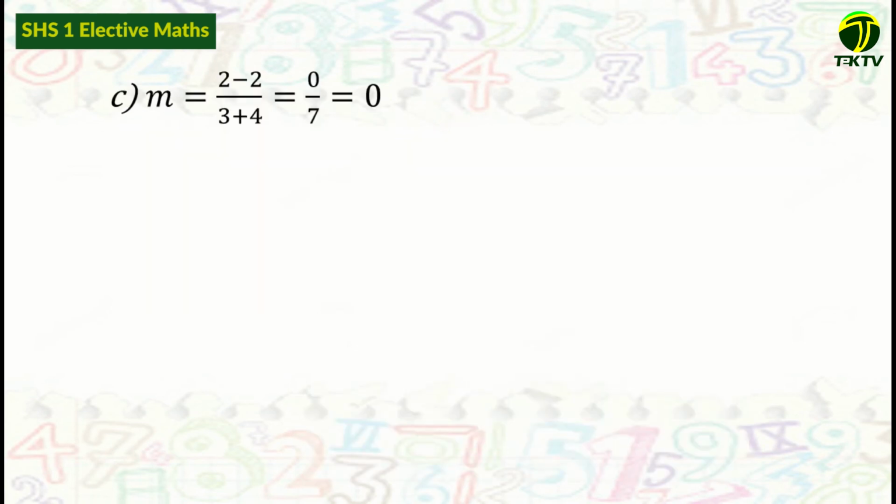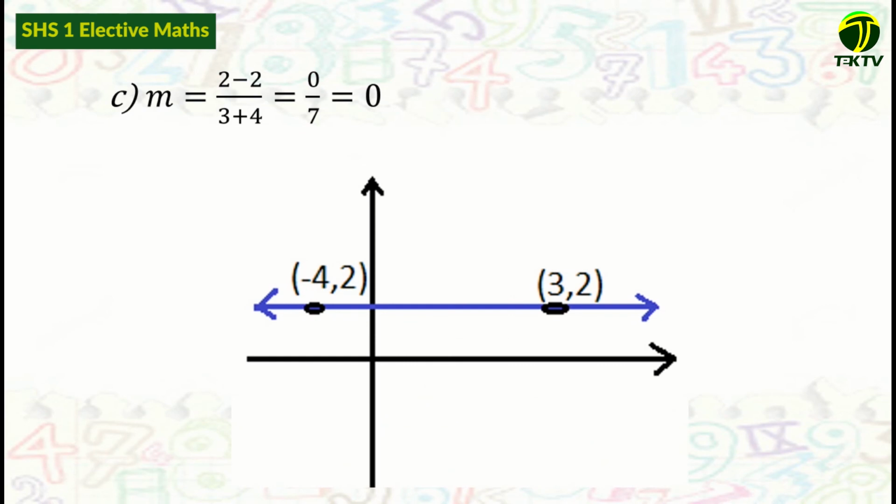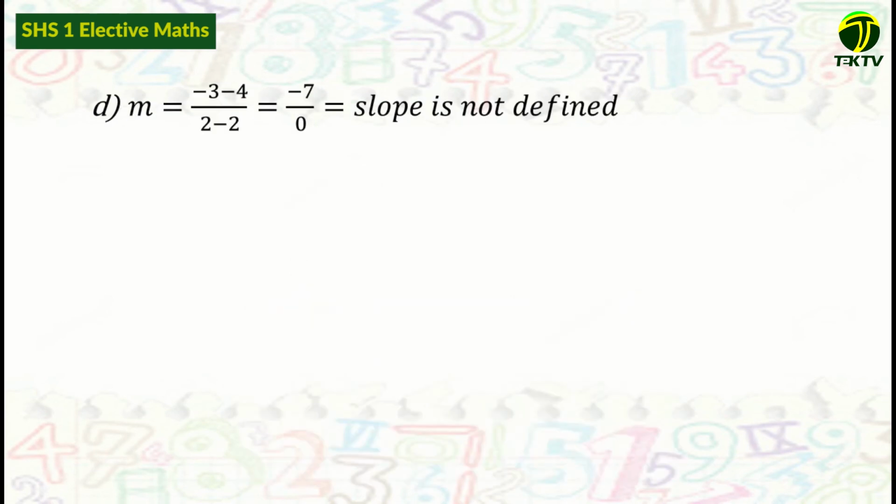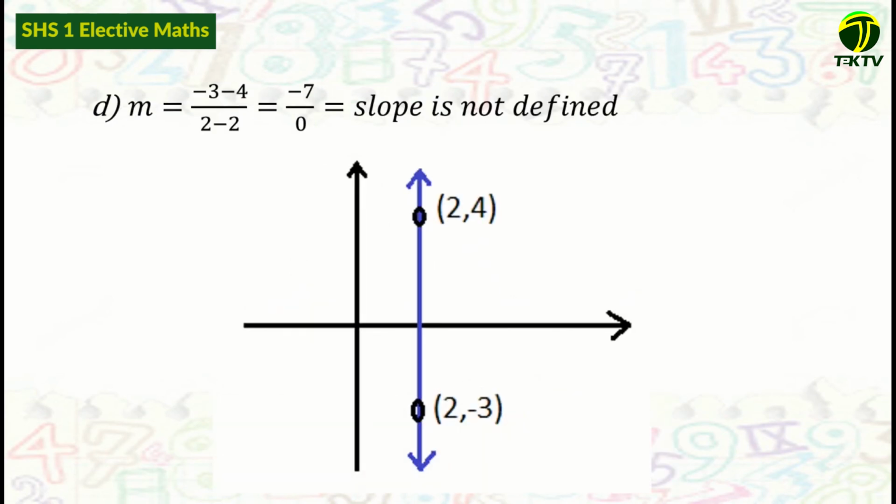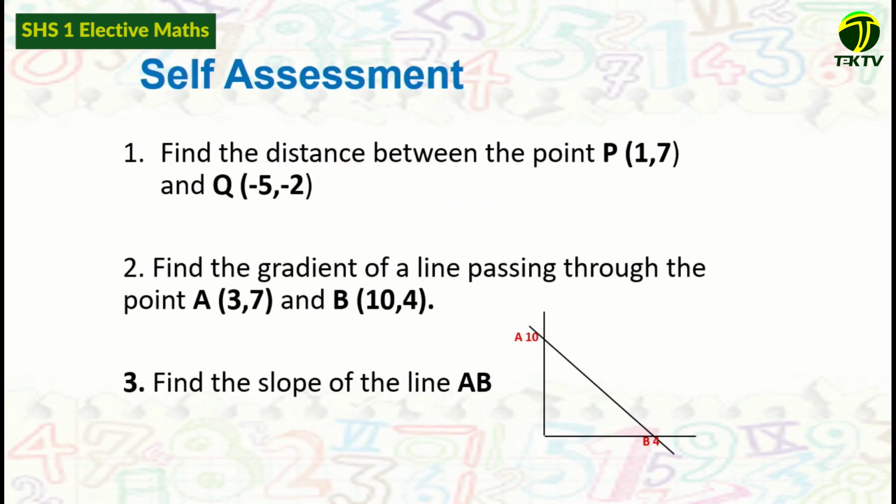So you can try the C and the D. Your answer for C must be equal to 0. And for D, your answer must be undefined. You have these 3 examples to try at home, to be sure of yourself that you're okay with the concept.